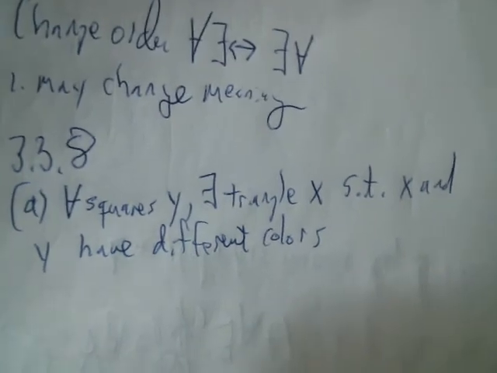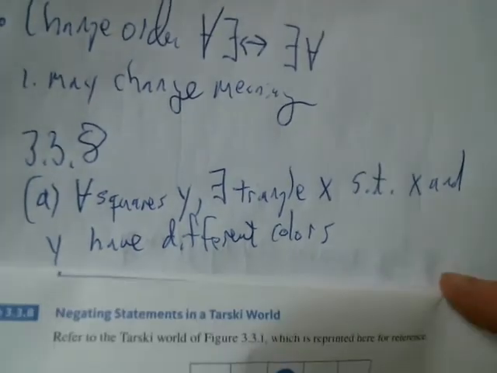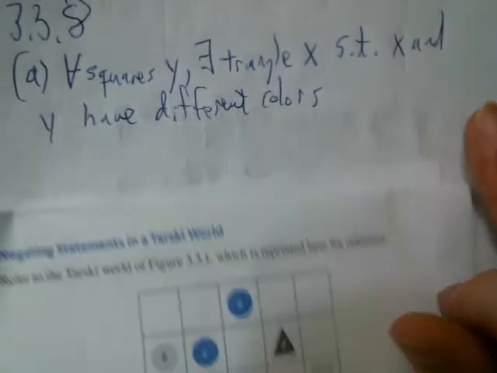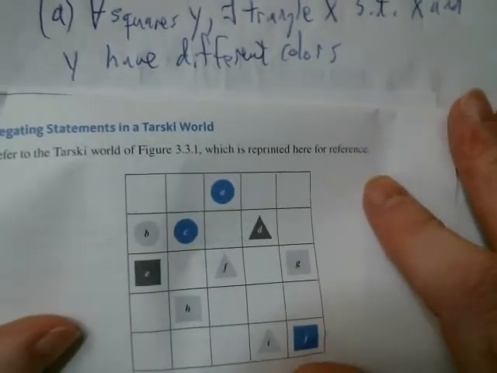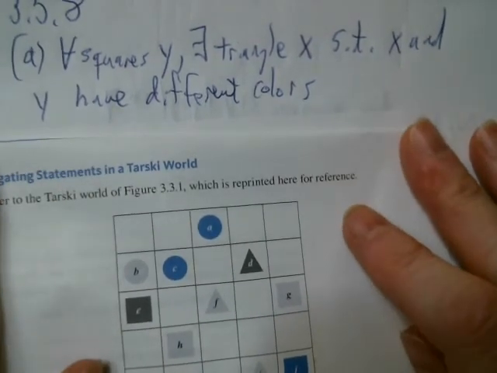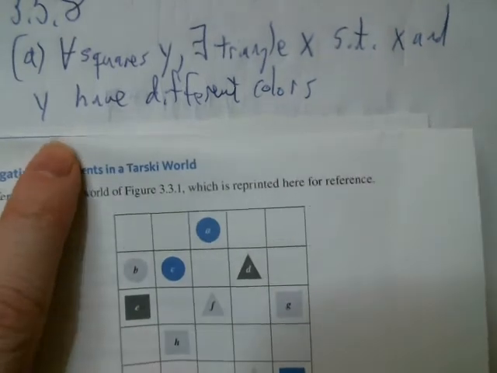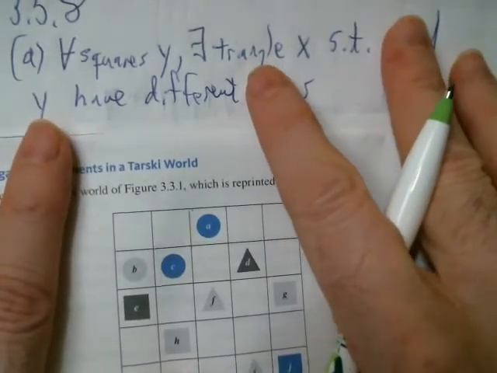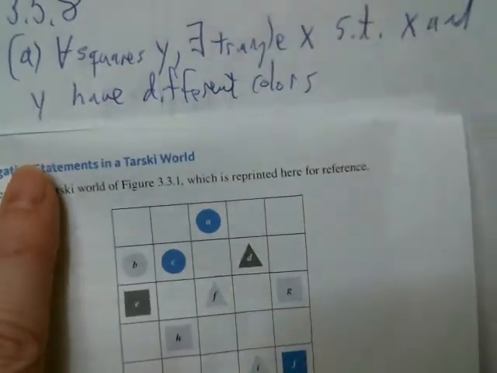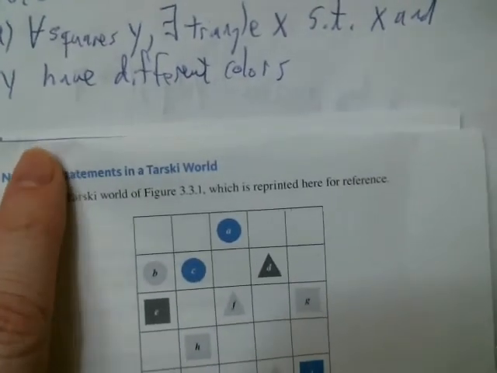Okay, they want you first to figure out if that's true or false. So let's take a look at the diagram. For all squares y, there exists some triangle x such that x and y have different colors. It doesn't have to be one particular triangle. For every square, there could be a different particular triangle that works, right?